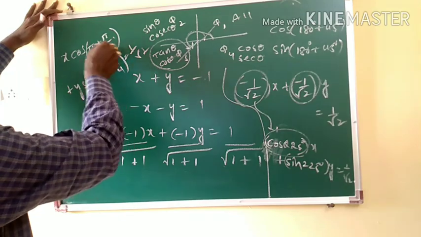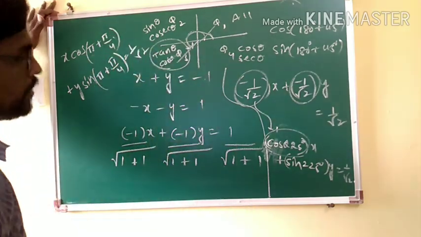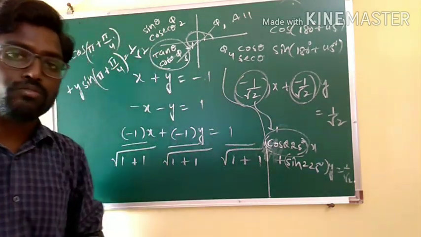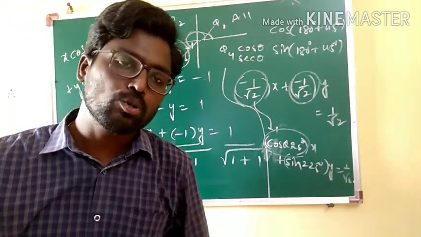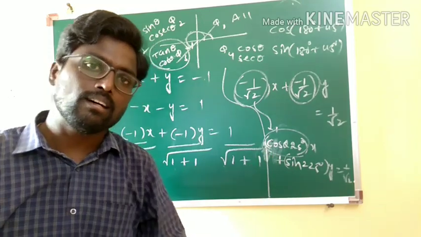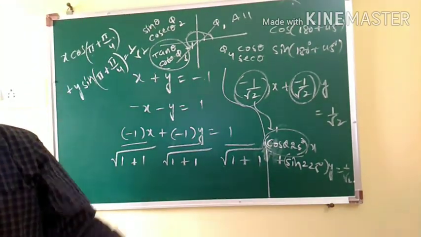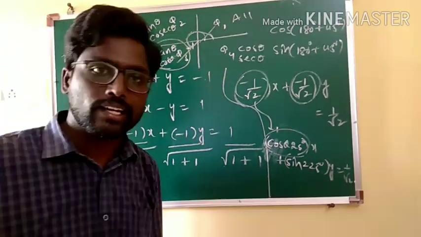Pi plus pi by 4 means 5 pi by 4, and hence x cos 5 pi by 4 plus y sin 5 pi by 4 is equal to 1 by root 2 is the required line equation, means the converted equation for the equation x plus y is equal to 1.